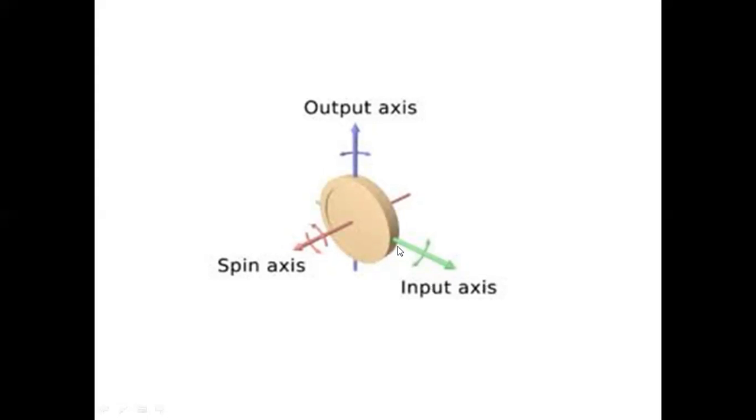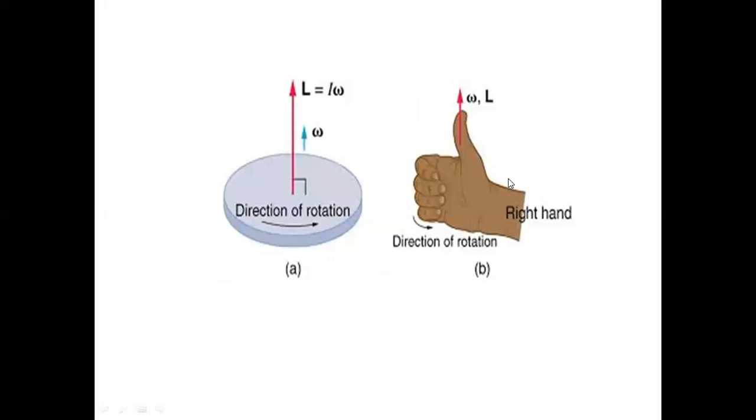If I am holding about this input axis and disturbing this rotating disk, so either in this direction or this direction, then what will happen is about the third mutually perpendicular axis, that is the output axis. If I am calling this as x, z, then it will be y. So it will be experiencing a couple called as gyroscopic couple about the z axis. So this effect is called as the gyroscopic effect.